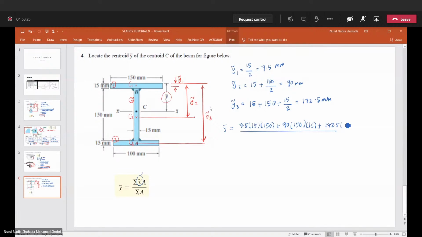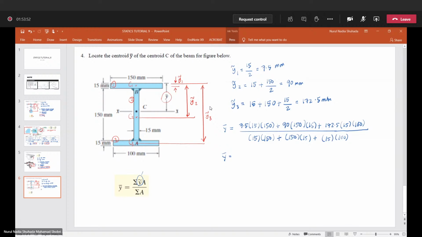So the area is 15 times 100. Divide by the total sum of the area: segment 1, 15 times 150; segment 2, 150 times 15; segment 3, 15 times 100.